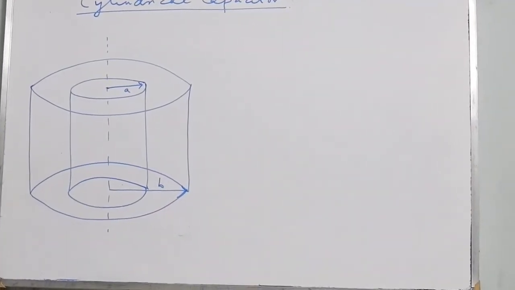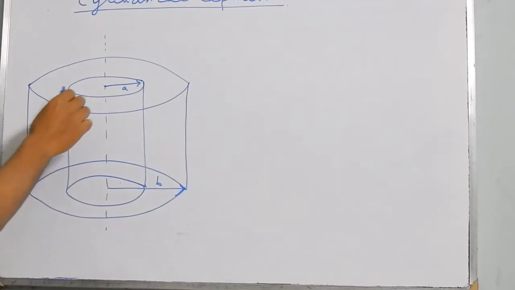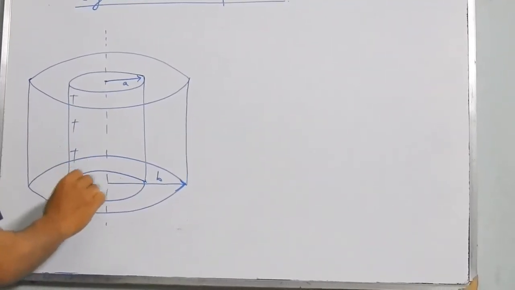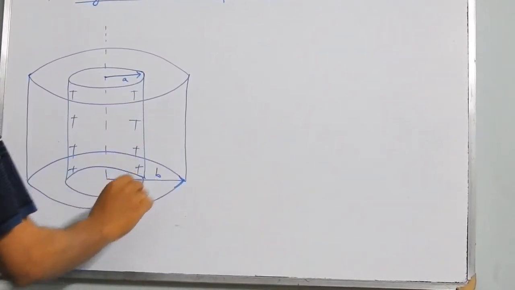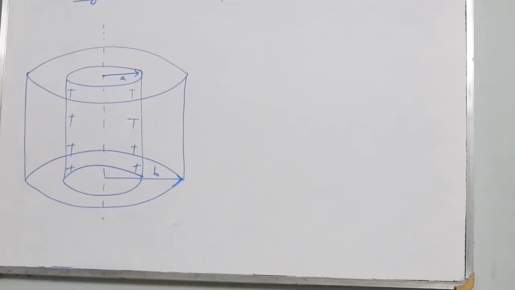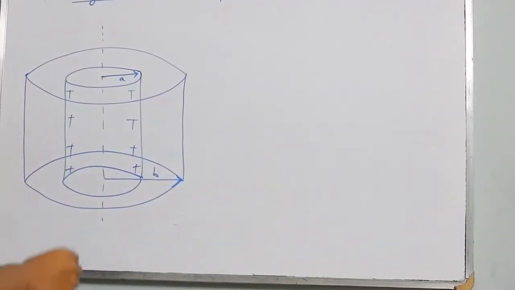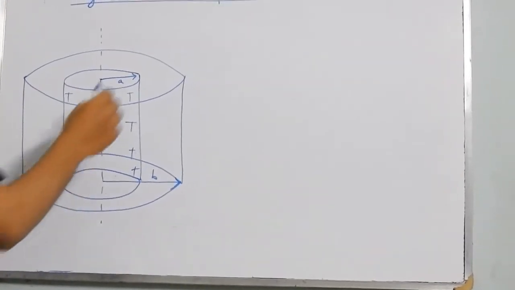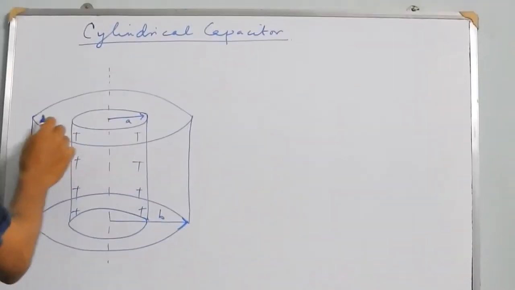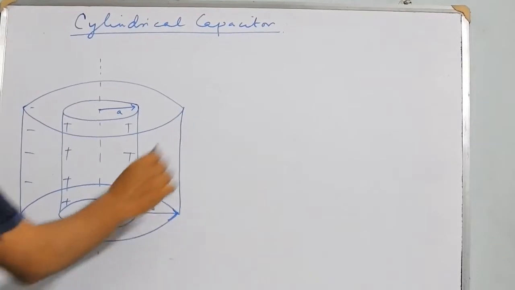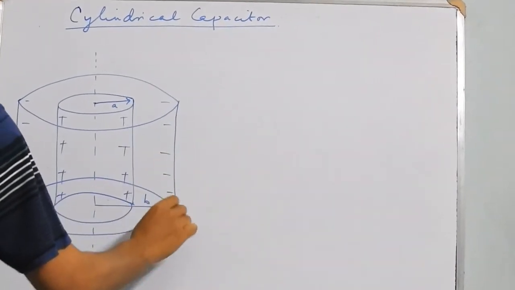Suppose positive charge is deposited on the surface of the inner cylinder. Because it is solid, charge will distribute itself uniformly over the surface, and a negative charge will deposit on the inner surface of the outer cylindrical shell of radius b.